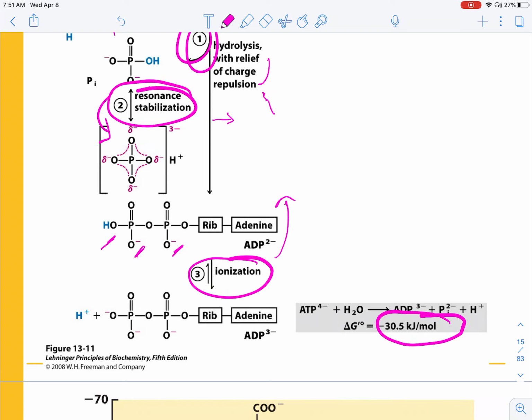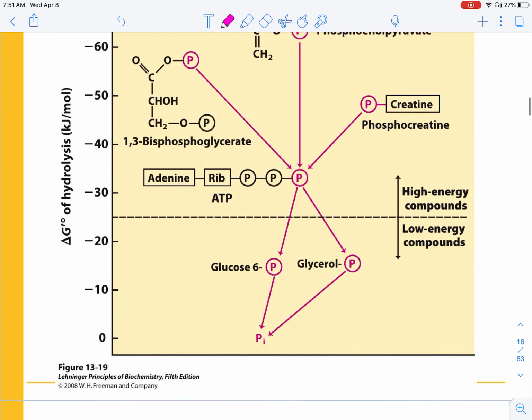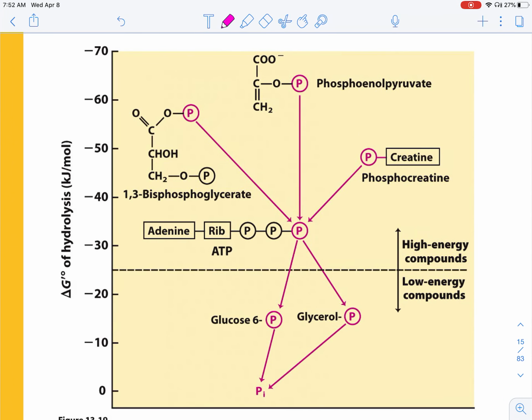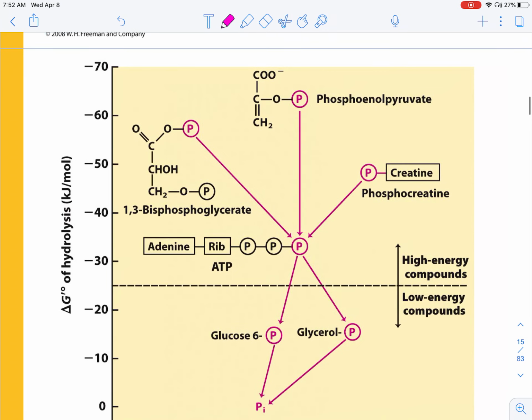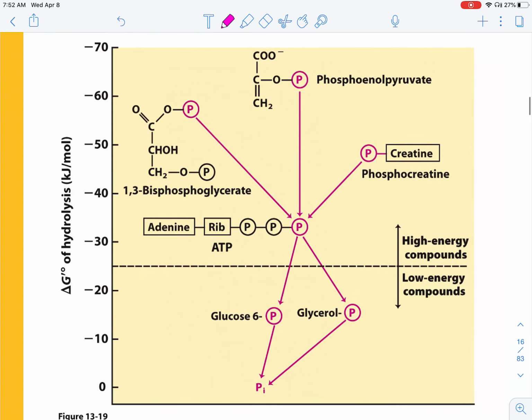This is one of the reasons why ATP hydrolysis is such a useful tool for the cell to drive these processes. And so this is what we kind of look at here. If we have ATP at the center of this, we either are going to get ATP by substrate level phosphorylation, by taking higher energy compounds. This is a delta G scale, right?